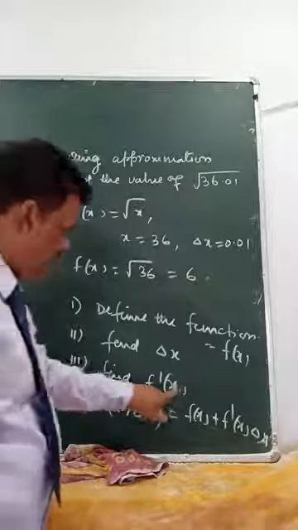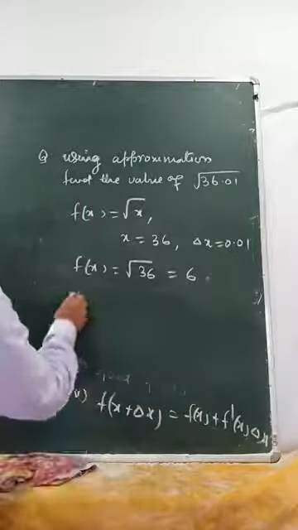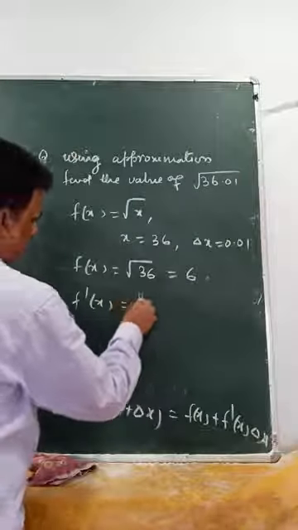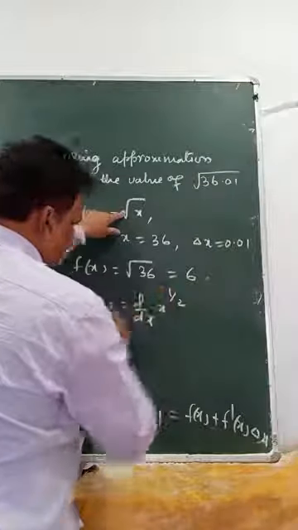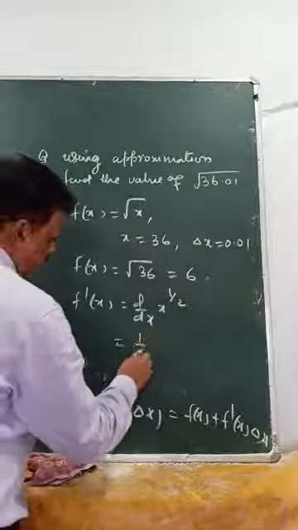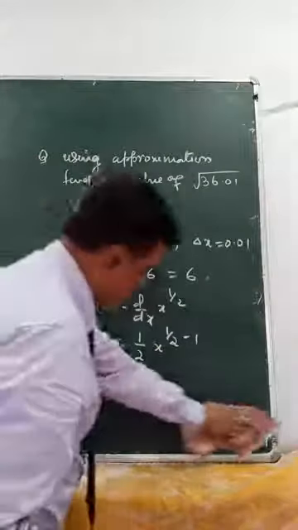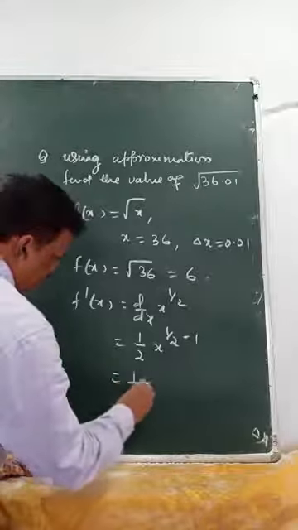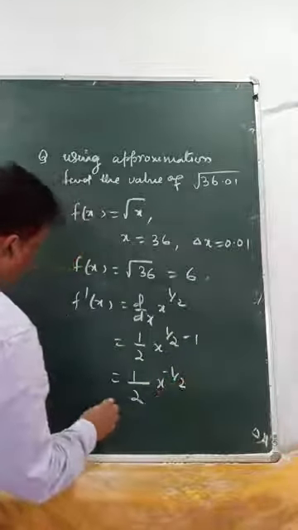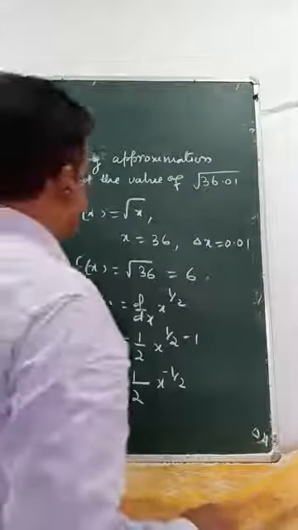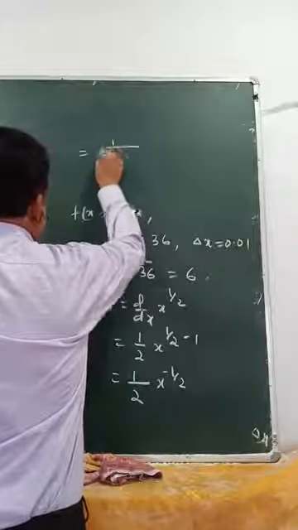Then you will find f dash x. How to find f dash x? F dash x is the derivative of f(x). What is f(x)? x to the power half. That is half x to the power half minus 1. That becomes 1 by 2 x to the power minus half, which is 1 by 2 root x.